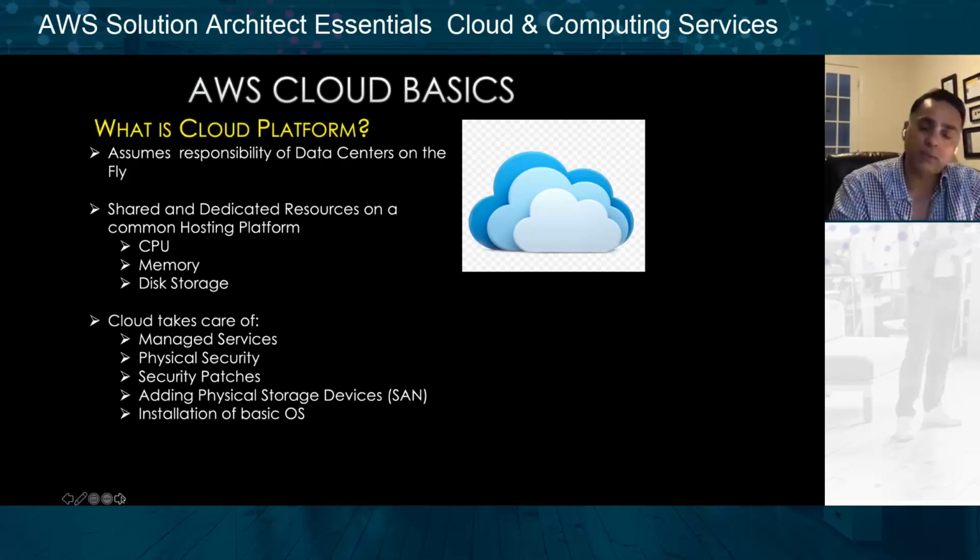But then of course there are some security concerns and whatnot. Then you may want to keep some of the stuff on premise, and you can still connect the two using connectivity between your data center and the cloud, and push the data back and forth. And we'll cover that in later sessions.